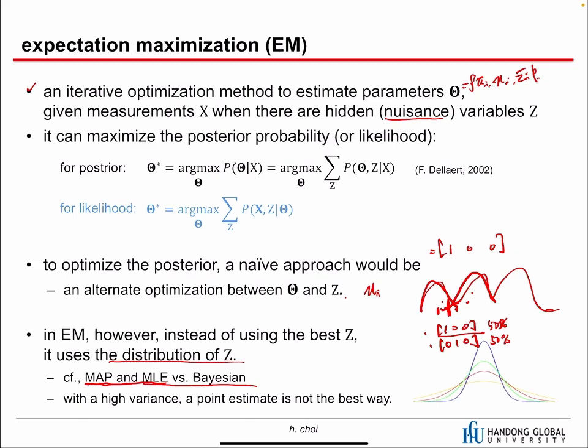So in Bayesian, P of x can be the integral of P of x given theta, P of theta, d theta, right? So actually this one is P of x, theta. So this one is marginalization.